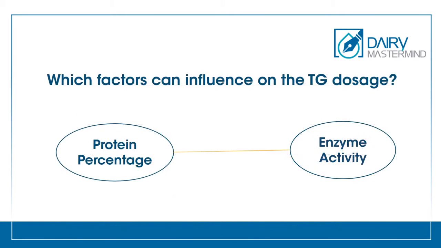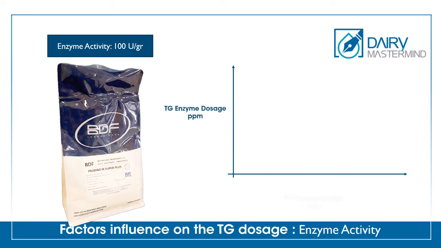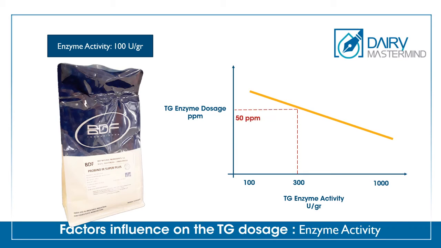Number 2. The enzyme activity. There are currently TG enzymes with different activity in the market. For example, 100, 300 and 1000 units per gram. The higher the activity of the enzyme, the lower the required dosage. For example, for TG enzyme with activity of 300 units per gram, about 50 ppm is used when the protein content is about 3%.